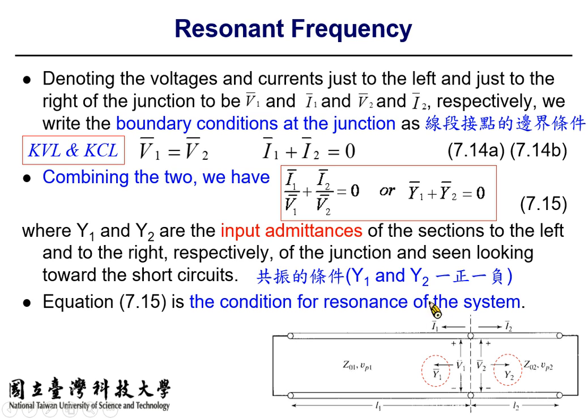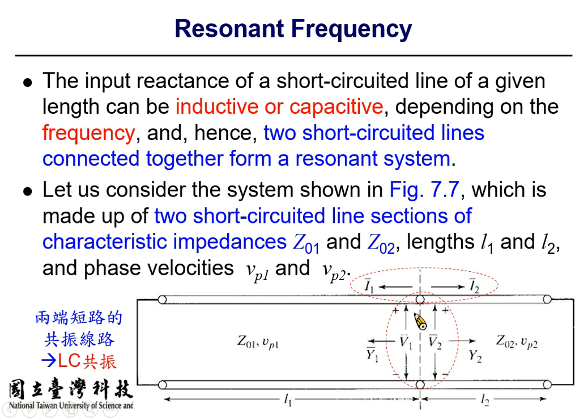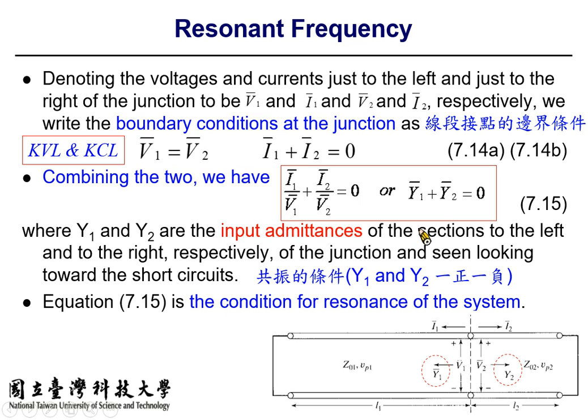Okay, let's take a short break before we come back to the final topic of section 7.1. Because the short-ended transmission line can be adjusted to arbitrary inductance and capacitance, we can connect two short-ended transmission lines in parallel so that the inductance and capacitance on the two lines can form an LC resonator.